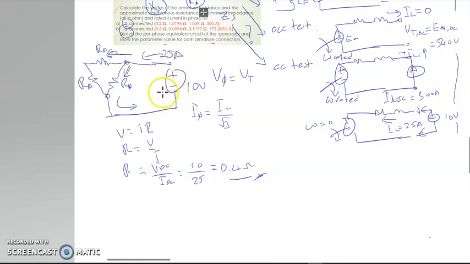We performed this DC test: we provide 10 volt, we measure 25 ampere that goes into the circuit. These 25 amperes are separated between RA of this arm and RA of the upper arm. So the I phase of the individual RA is equal to I load divided by root 3.